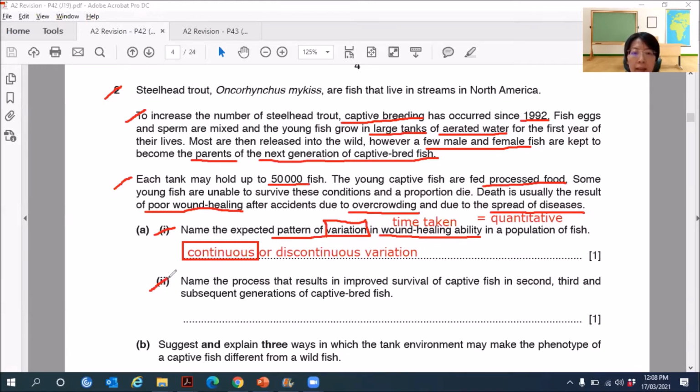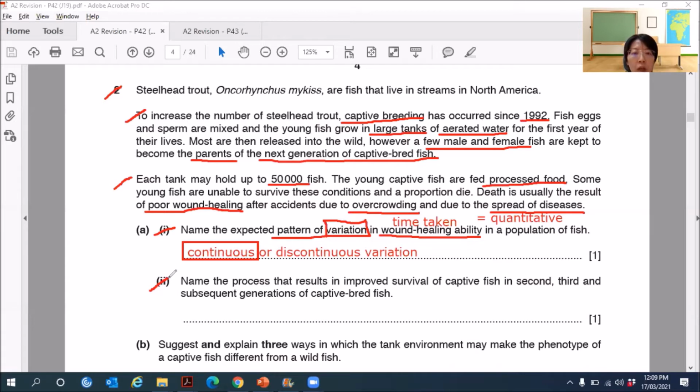Next, name the process that results in improved survival of captive fish in second, third, and subsequent generations of captive bred fish. That means you capture the fish, you allow them to multiply and you feed them with processed food, and from generation to generation they ask you what is the name for the process where the survival of the fish is improved.